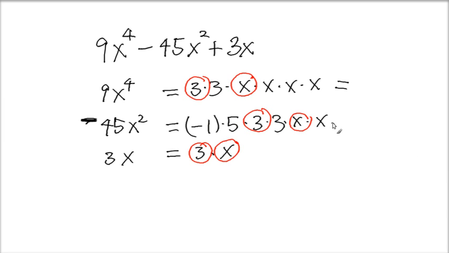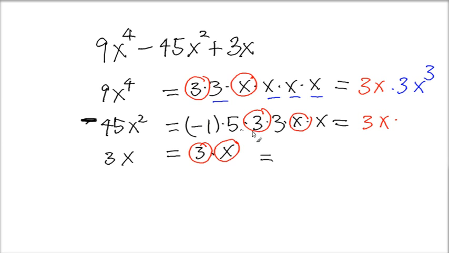So now we're going to write this as a product of the greatest common factor 3x and the remaining factors. The remaining factors here are 3 times x times x times x. That's 3x cubed. The second term is 3x times the remaining factors, minus 5 times 3 times x.